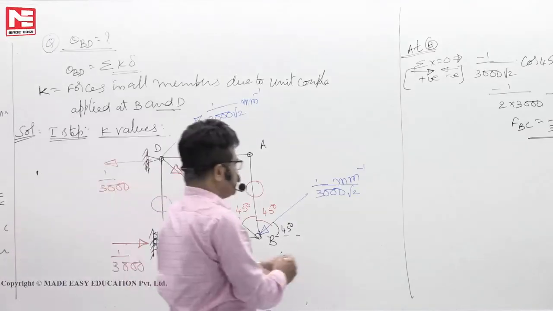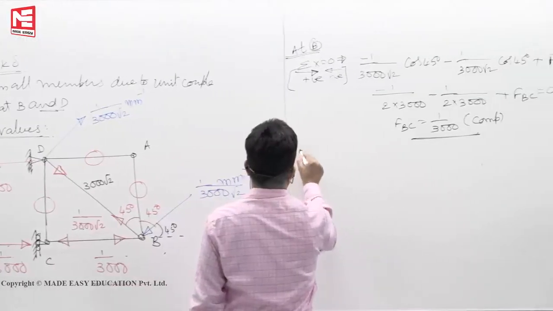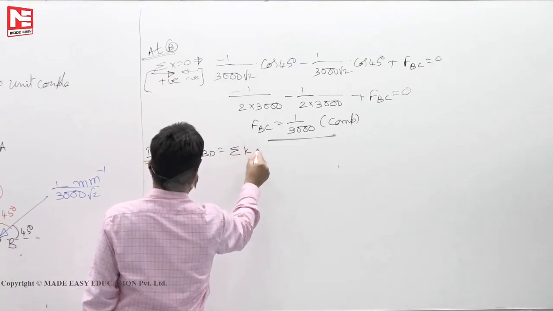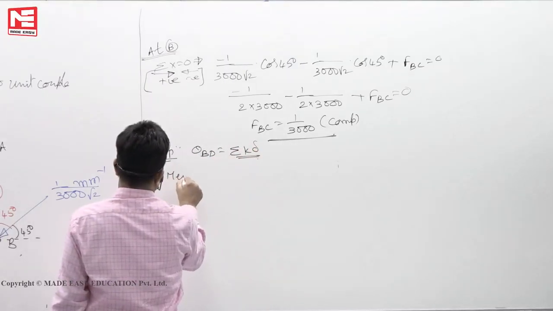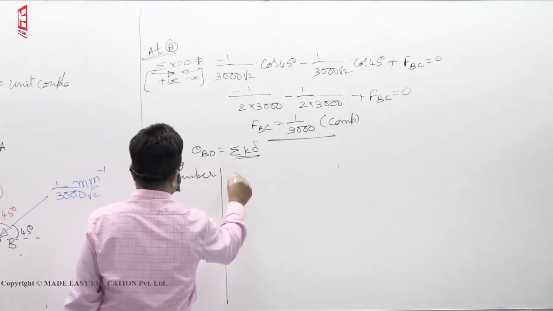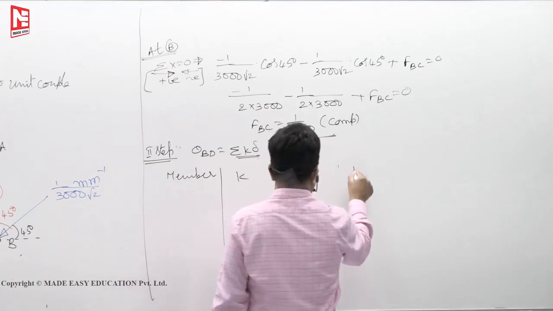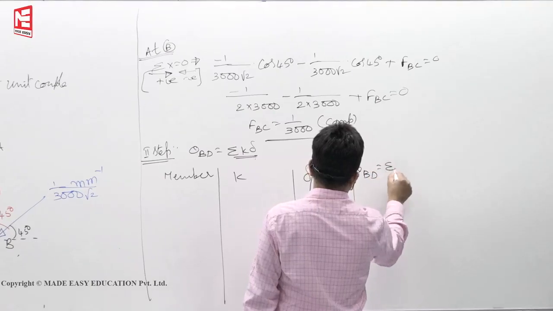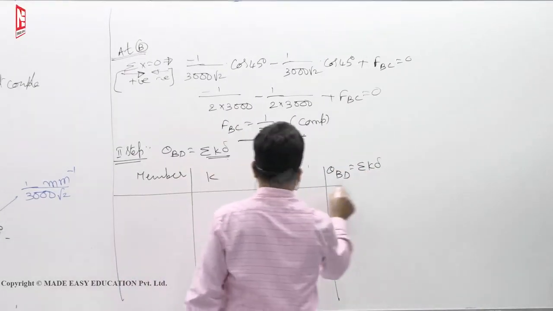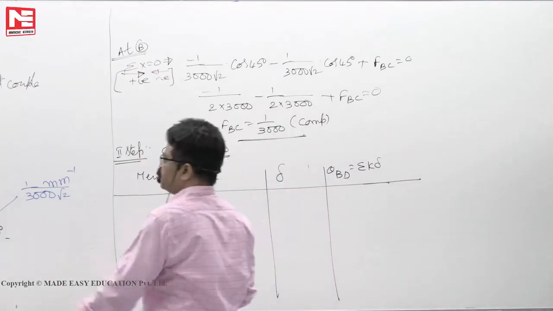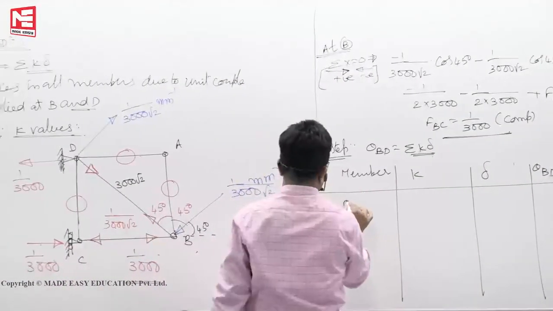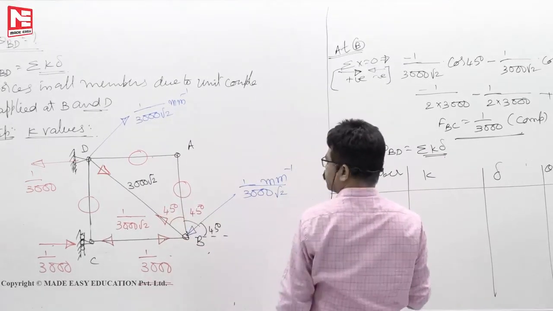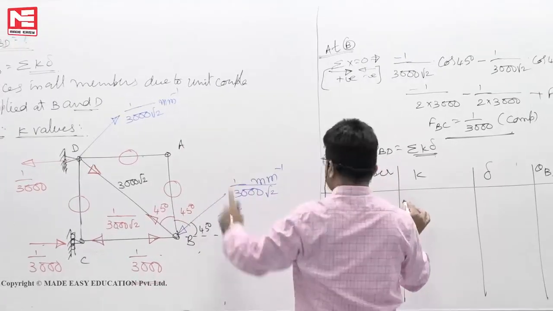Now, having understood how it comes 1 by 3000, you go to the second step. Theta BD is equal to summation of K delta, member K delta. Only two members you have to write. Member BD, K value is 1 by 3000 root 2, tension, away from the joint.